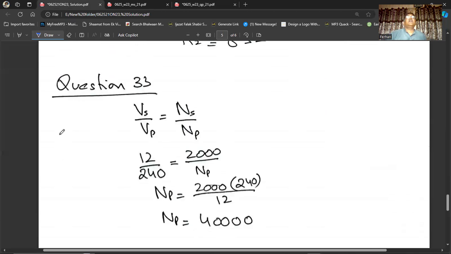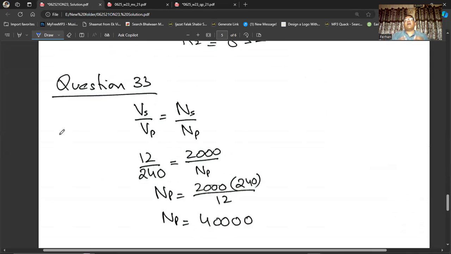Here you can see that this is a famous equation. The voltage on the secondary divided by the voltage in the primary is equal to the number of turns on the secondary divided by the number of turns in the primary. So voltage in the secondary is 12. The voltage in the primary is 240 volt. Number of turns in the secondary is 2000. The number of turns in the primary is the question.